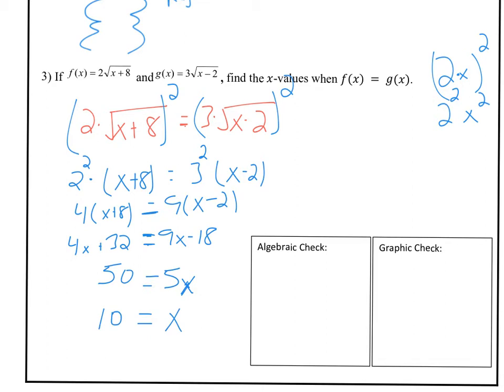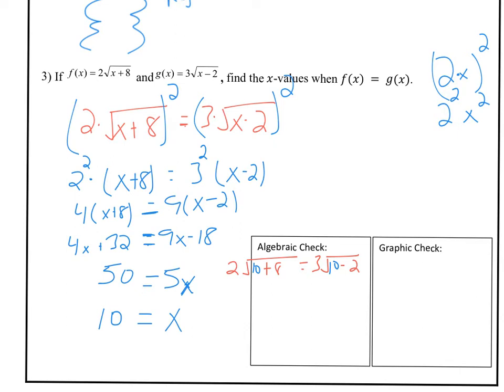Kind of a weird one to check, that's for sure, but we can plug it in and do it up. So 2 square root of something plus 8 equals 3 square root of something minus 2. That something we just found was supposed to be 10, so we plug in the 10.